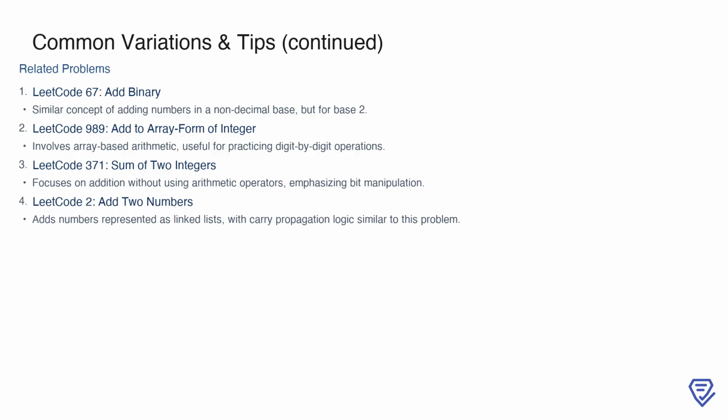Another relevant problem is LeetCode 371, Sum of Two Integers, which challenges you to perform addition without using arithmetic operators, emphasizing bit manipulation techniques. Finally, LeetCode problem 2, Add Two Numbers, deals with adding numbers represented as linked lists. The carry propagation logic in this problem is analogous to what's required for Negabinary addition, making it an excellent exercise to strengthen your understanding of carry handling.